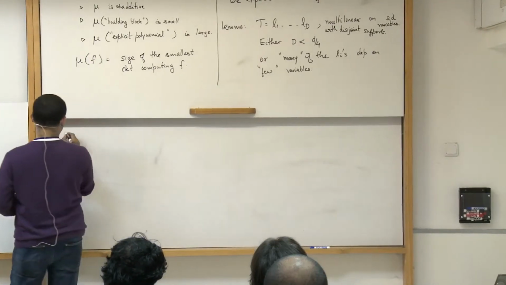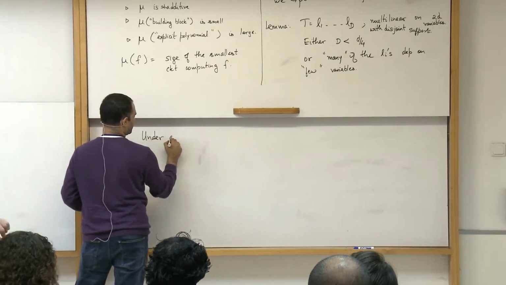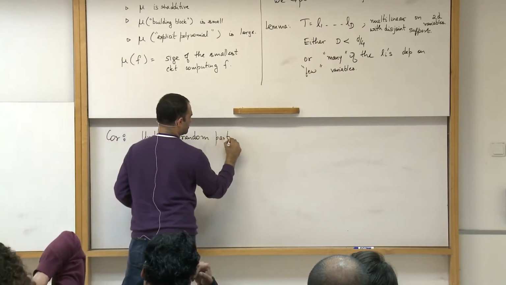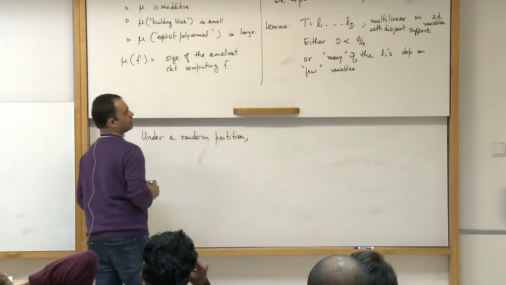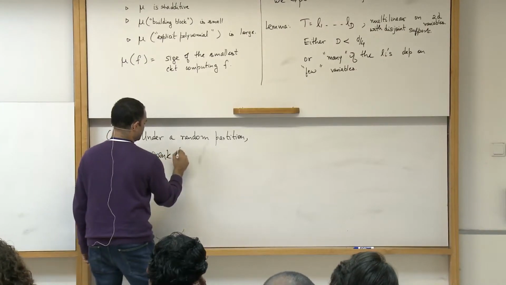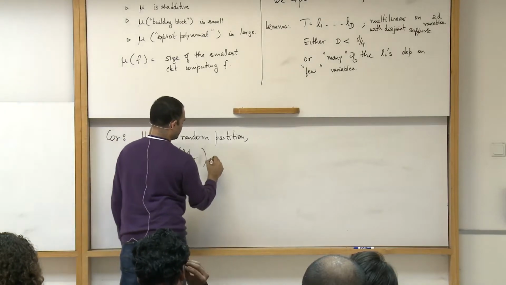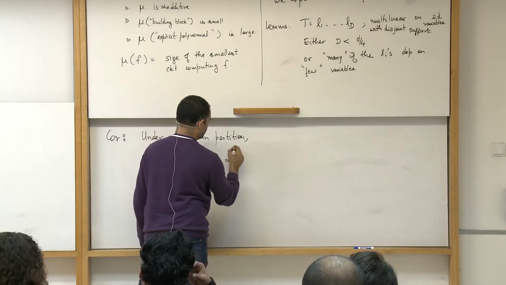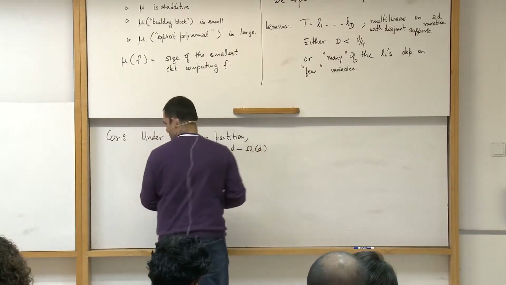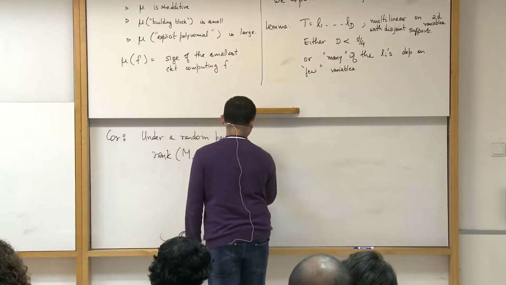Okay? So a corollary of this, under a random partition, I want to say that the rank of MF or MT is at most 2 power D minus something, if I remember right, minus, say, D by 100.